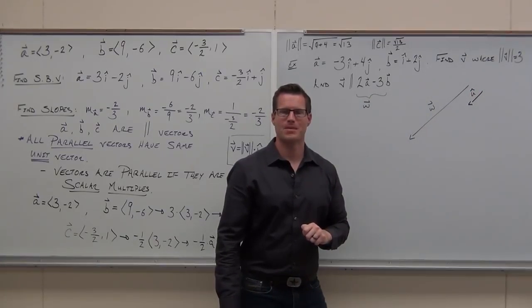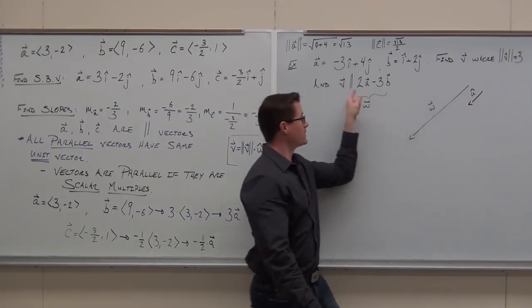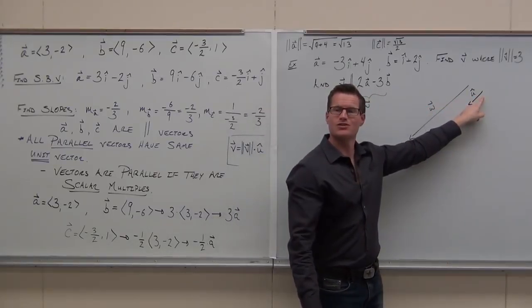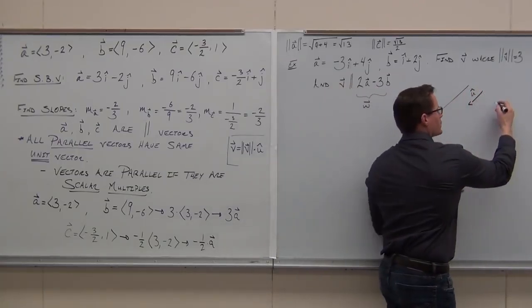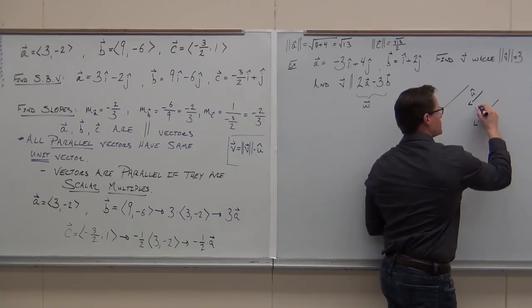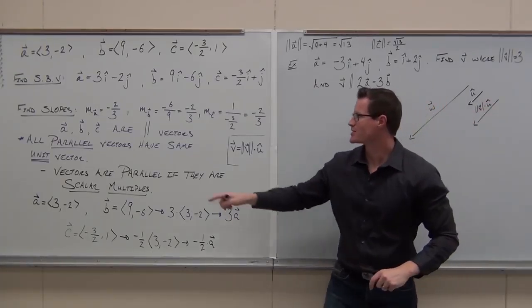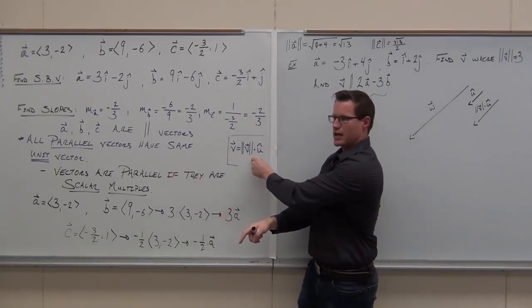Then once we have a unit vector in this direction, we grow it back to the magnitude we want: magnitude times our unit vector. That's exactly how we can define any vector, ever: magnitude times unit vector.